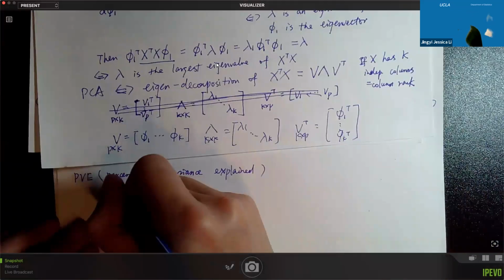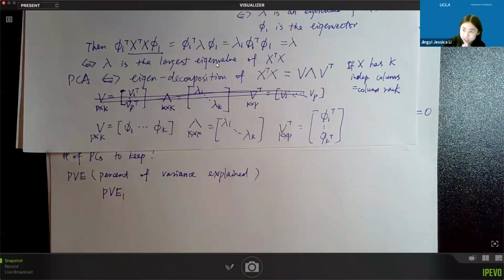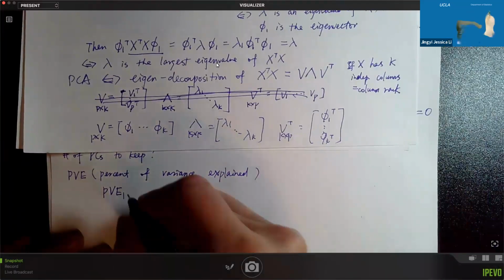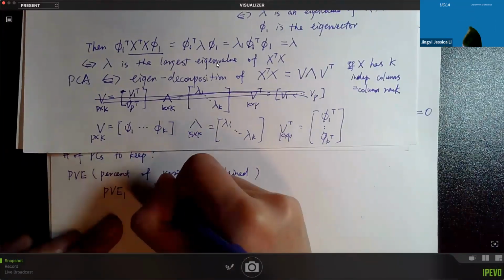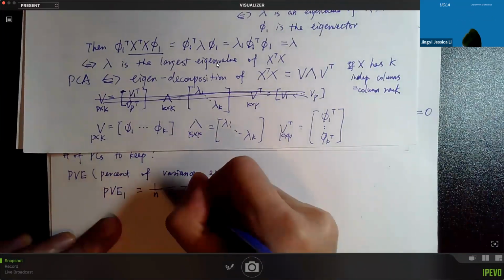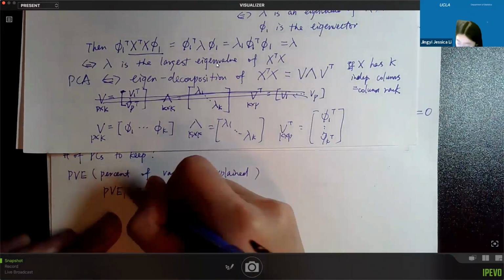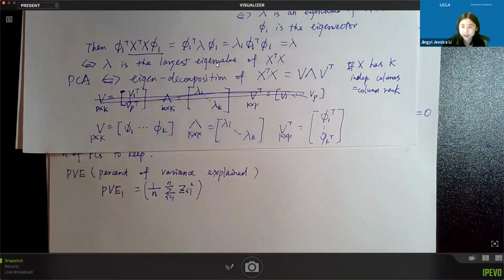PVE1 for the first PC. Based on our definition, after centering, it's just 1 over n summation of z_i1 squared, i from 1 to n. This will be divided by the total variance in my original data matrix.